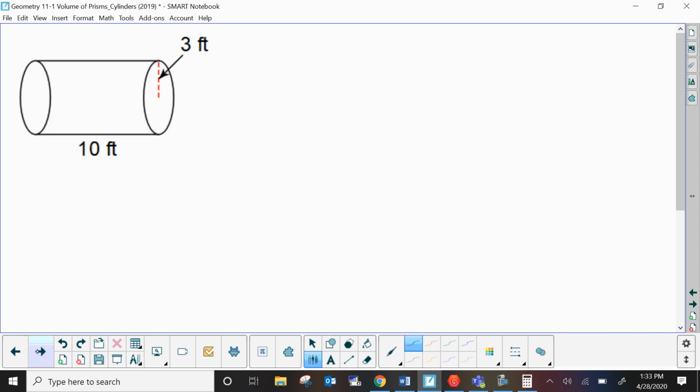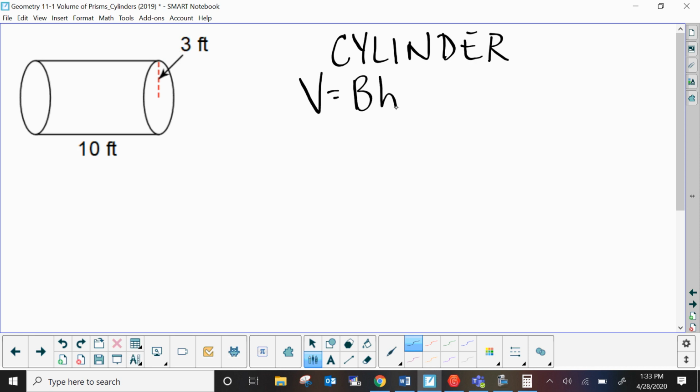All right, and finally, a cylinder. If I were you, I would pause this and draw that picture. Okay, so the volume is capital B times H. Remember, the capital B represents the area of the base. In a cylinder, the base is a circle.